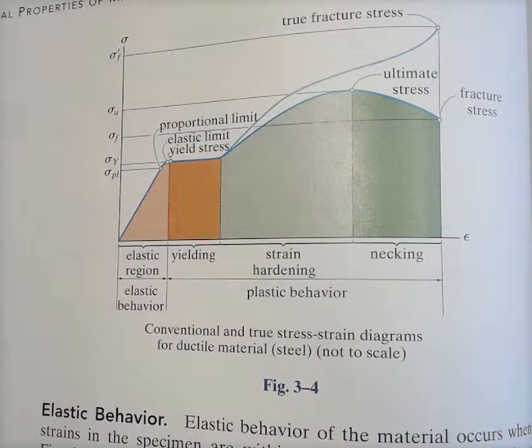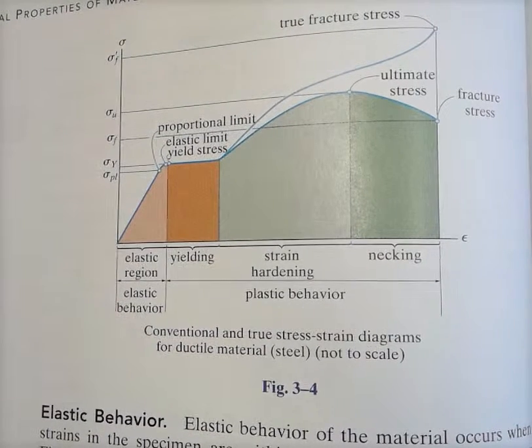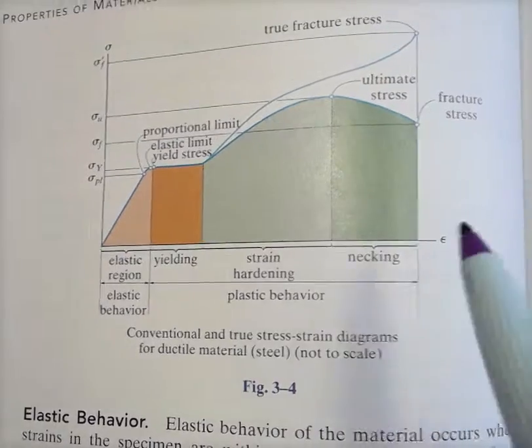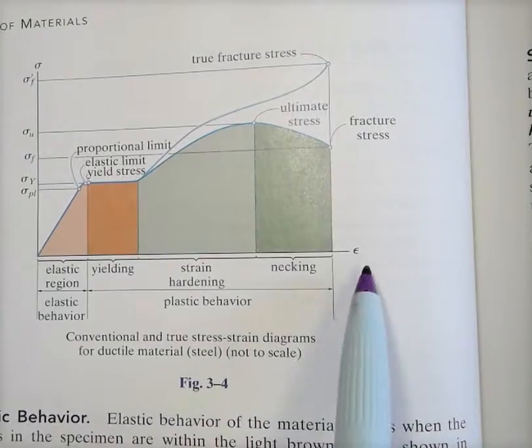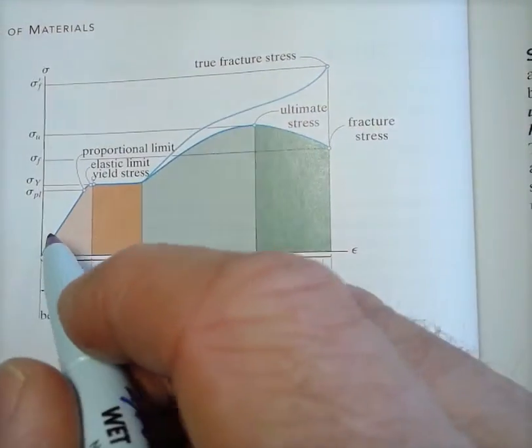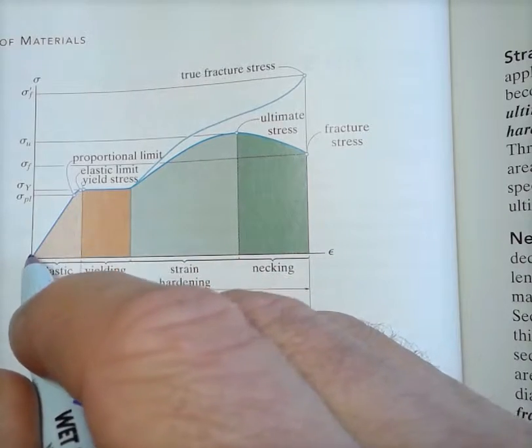This is unlike most textbooks, this one does have information that's relatively easy to read and understand. So I do encourage you to use this textbook as a resource. Okay, so back to the stress strain diagram. Again, we've got stress on the y-axis, strain on the x-axis. And here's the diagram the way that I drew it for you.